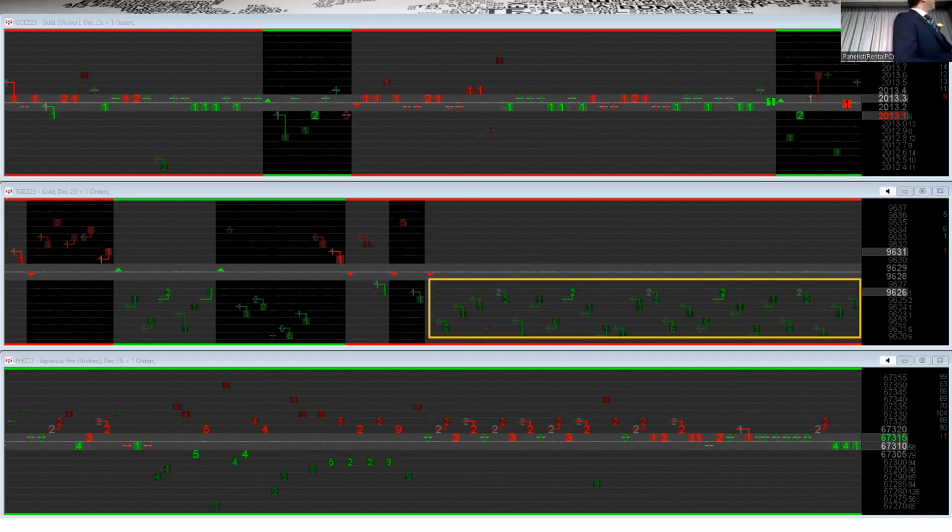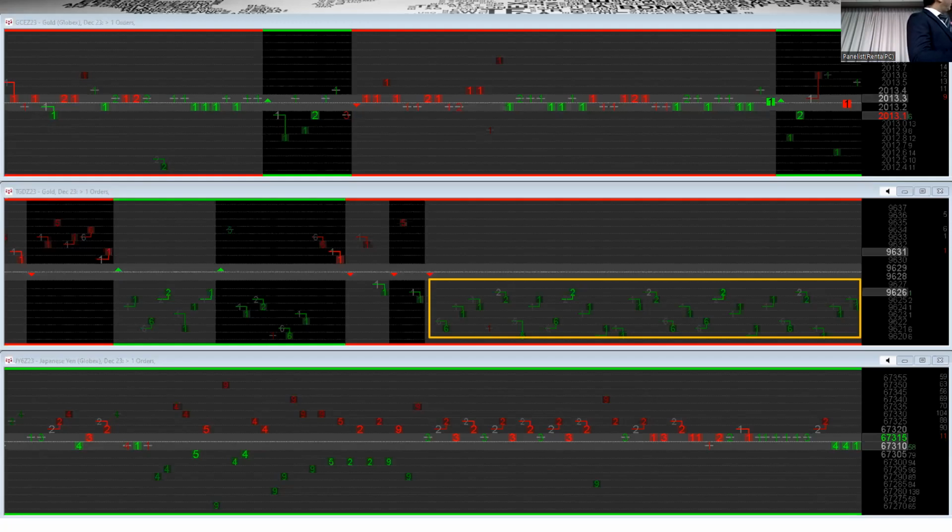So what we're seeing here is the COMEX gold at the top, the OSE gold in the middle, and the Japanese yen futures at the bottom. And what we're representing through these charts is what CQG assumes, through an algorithm, to be order modifications, where you've got prices going up and prices going down in those kind of shapes.